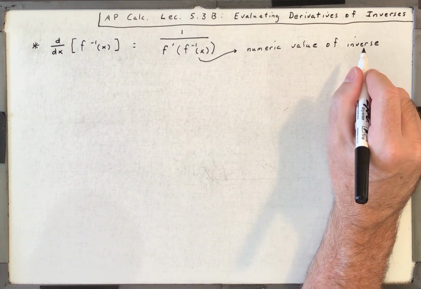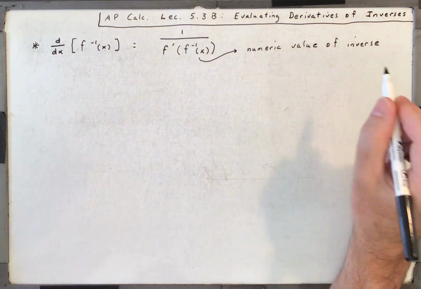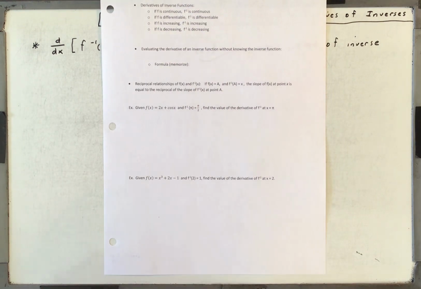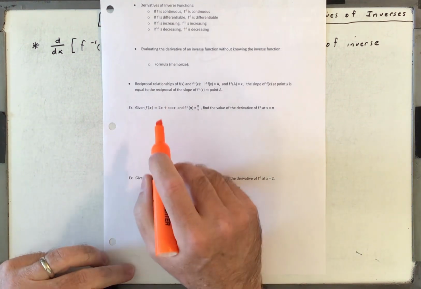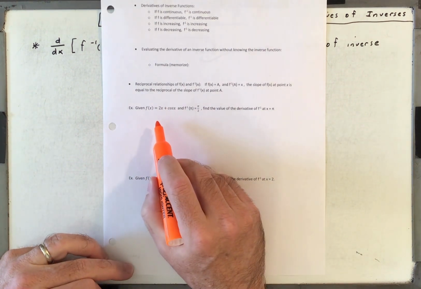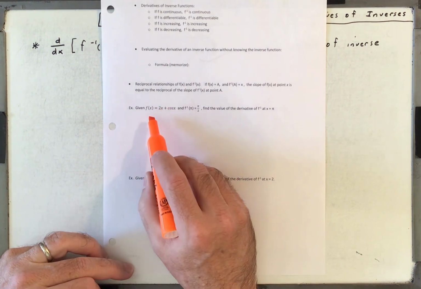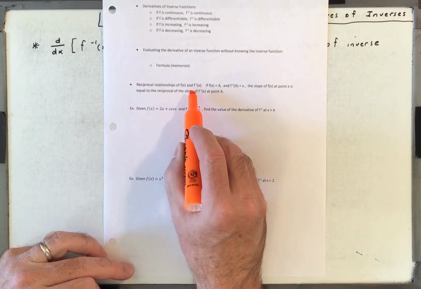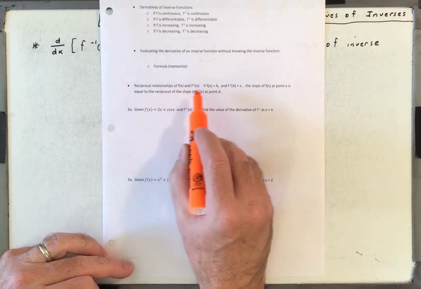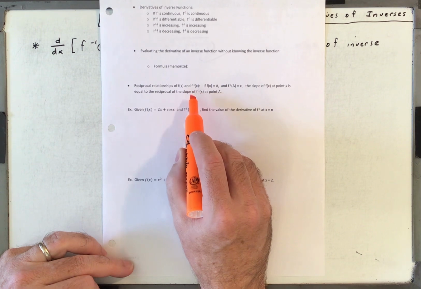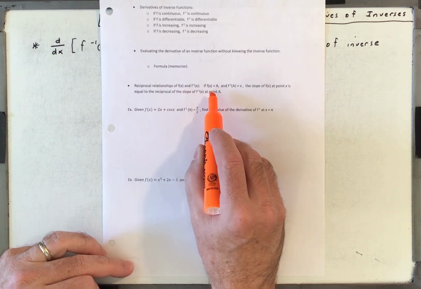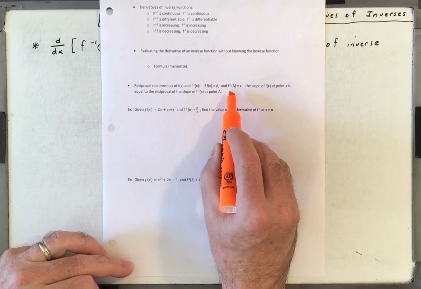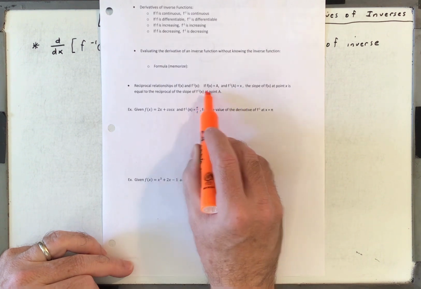Okay, so let's take a look at this third bullet, and then I'll work you a couple example problems. So given the reciprocal relationships between f of x and the inverse value. So if f of x is a and the inverse of a is x, right?